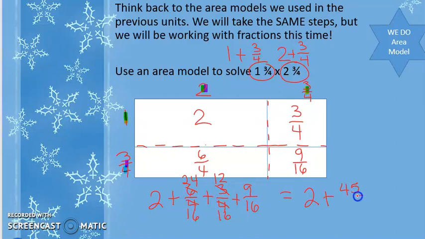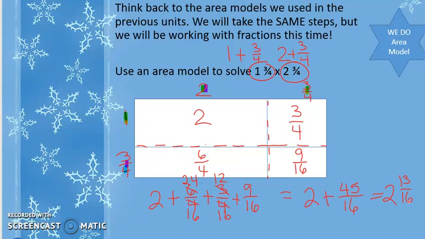45/16. And now we need to ask ourselves, how many times can 16 go into 45? It can go in 2 times, because 16 times 2 is 32, which means we will have 13 sixteenths left over.